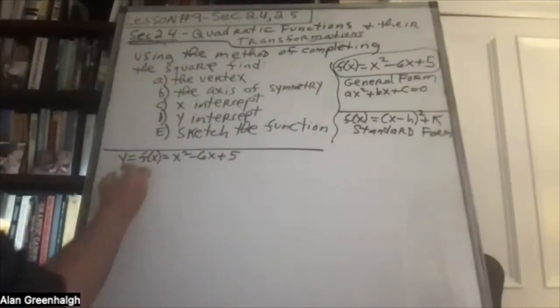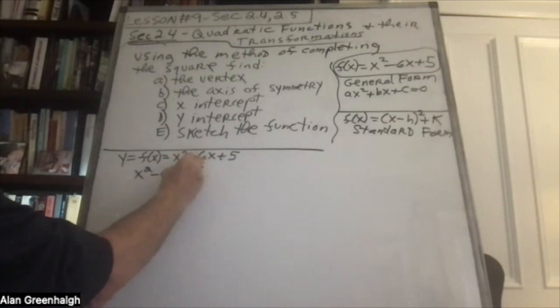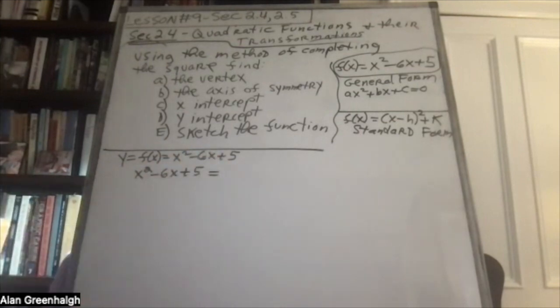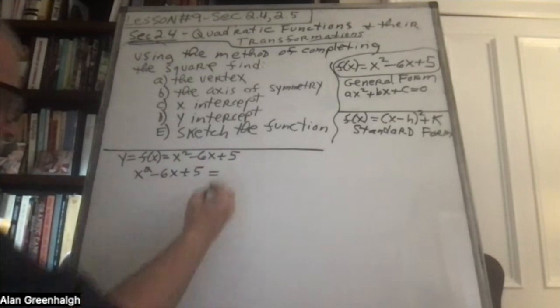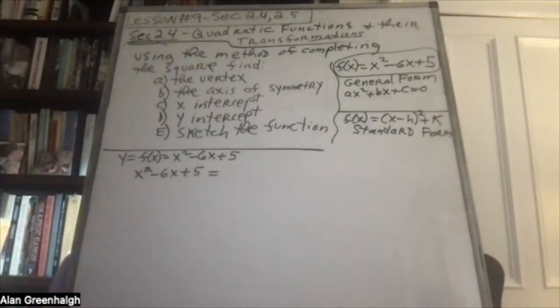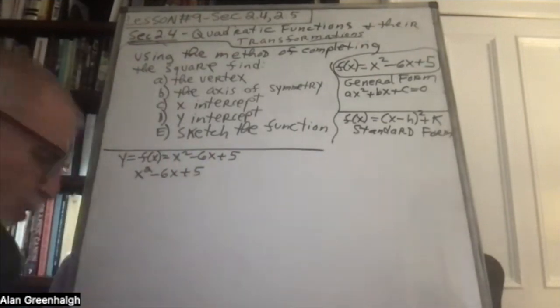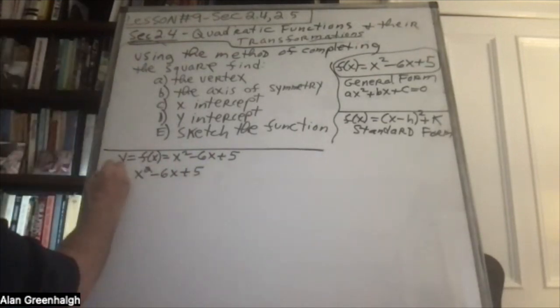So let's begin. Again, what I'm going to do is take this equation. Let me not put the y over there. I like to put the y over there, but let's not do it in this case.